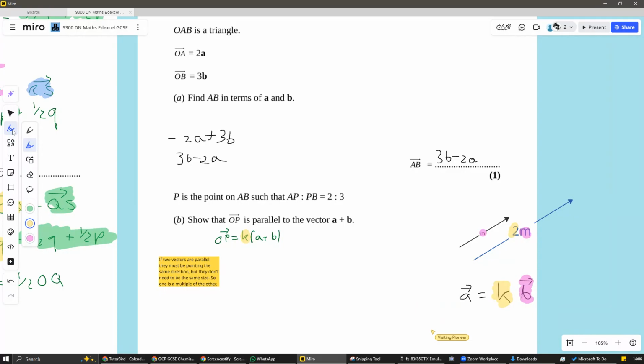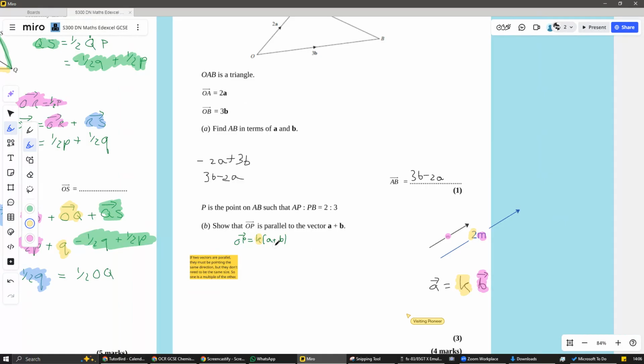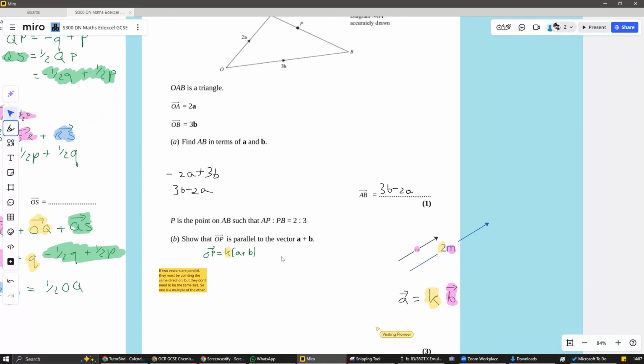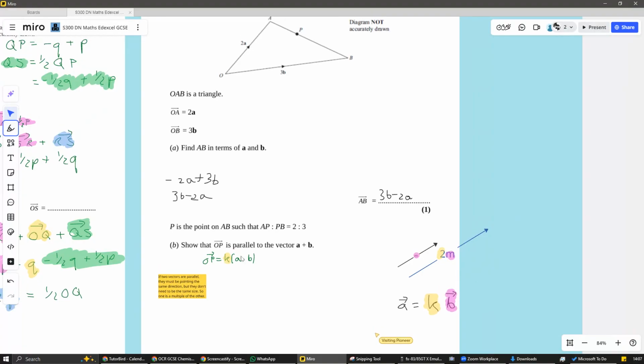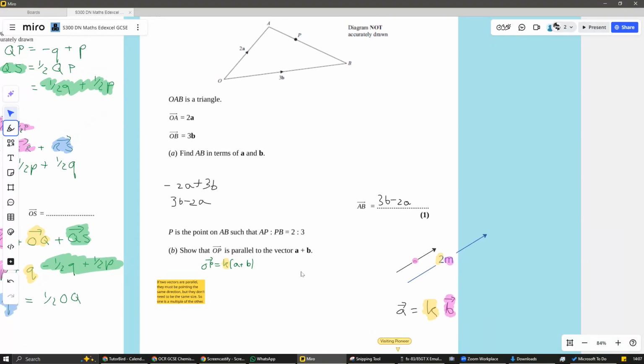So that's what we're trying to show is true. So, for example, the constant could be 2, could be 1.5, could be lots of different things. And if we can show that OP is equal to some constant multiplied by A plus B, then we've shown that OP is parallel to A plus B.